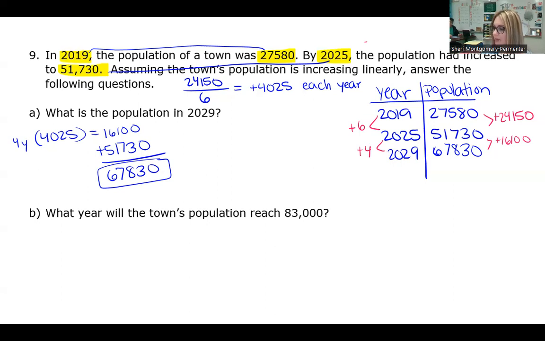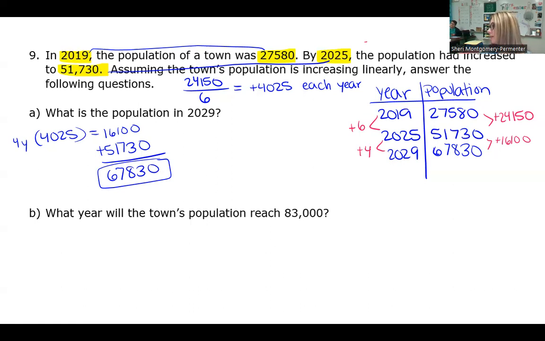Okay, so you have to add that to the 67 to see if you have 83,000 yet. Not quite. So you might have to add another year.